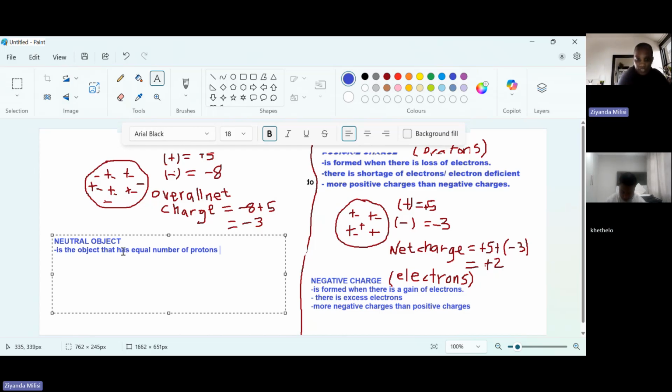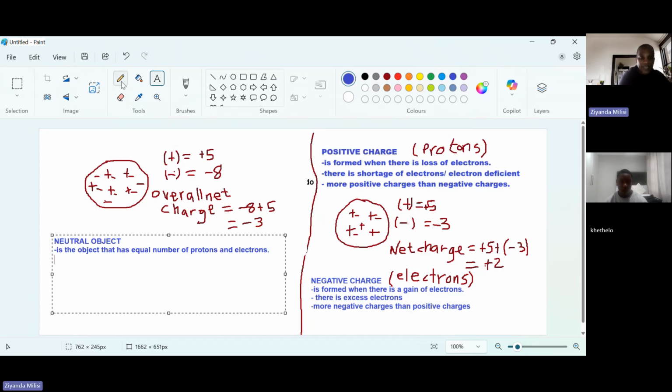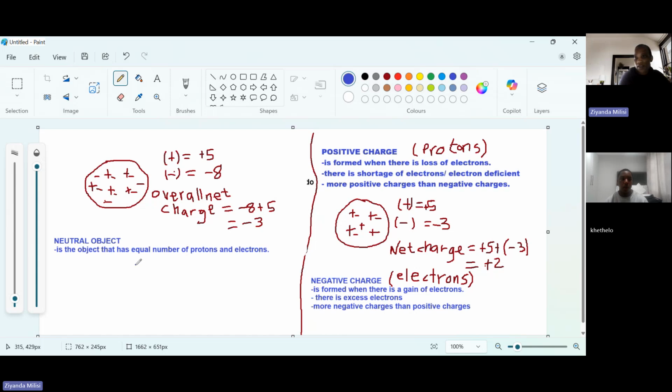So it doesn't have extra electrons or extra protons.